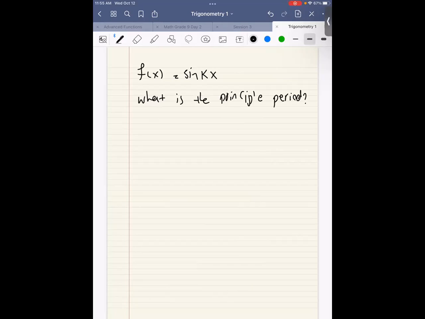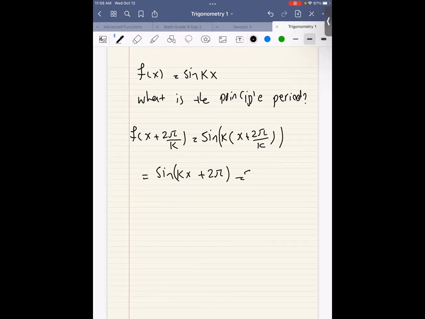Let's try. f of x plus 2 pi over k is equal to sine of k times x plus 2 pi over k, which is sine of kx plus k times 2 pi over k, that is 2 pi, which is equal to sine of kx, which is equal to f of x.